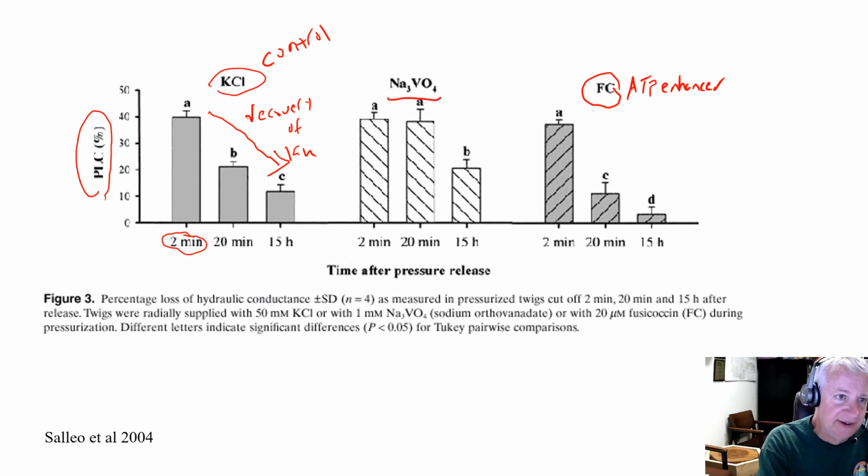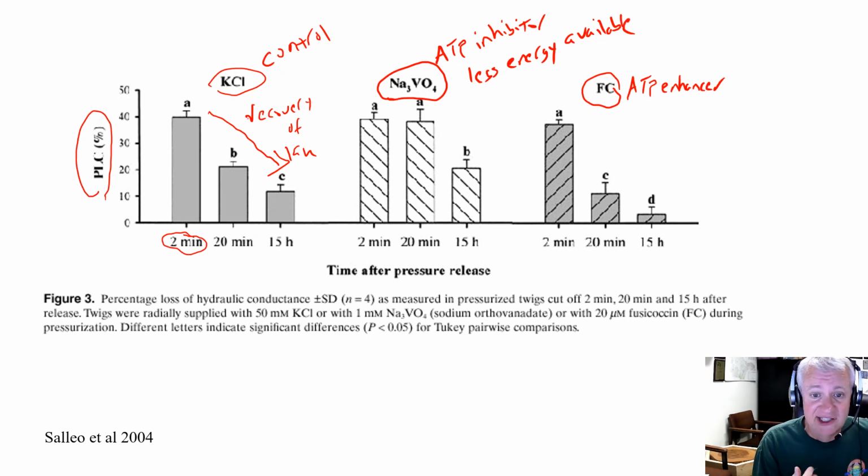This treatment in the middle is basically an ATP inhibitor. So this is less energy available in the shoot. And you can see that recovery is inhibited in that situation. So this is evidence that recovery of hydraulic conductivity is dependent on the availability of energy from living cells in those shoots.